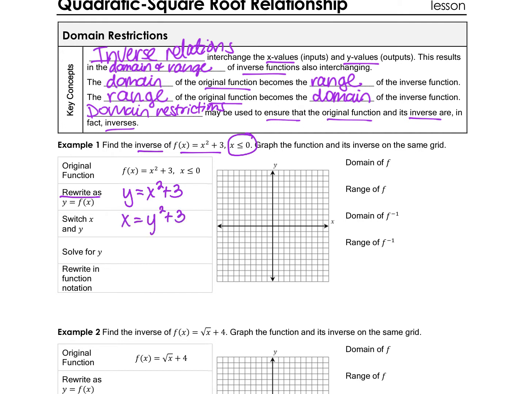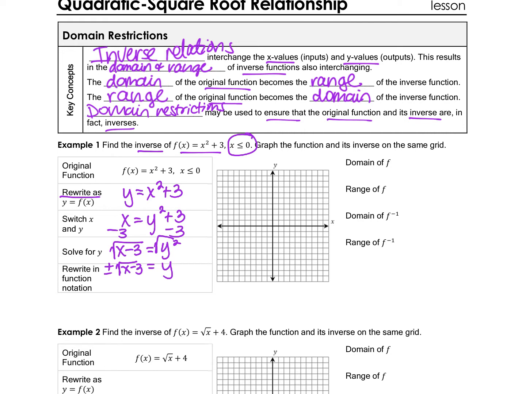I'm looking for my y, so I need to subtract 3. So I get x minus 3 equals y squared, and then I have to take the square root of both sides. Now remember, whenever you take the square root of both sides, you get 2 answers.